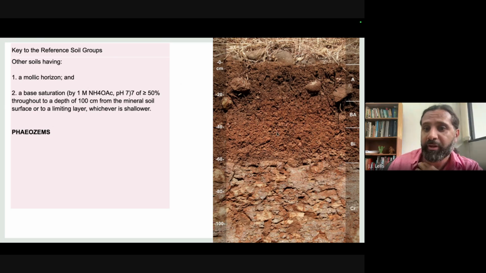The base saturation should be equal to or higher than 50%. So in this case, I have a mollic horizon above a horizon with a base saturation equal to or higher than 50%. These are the phaeozems, soils with high base saturation and a mollic horizon.